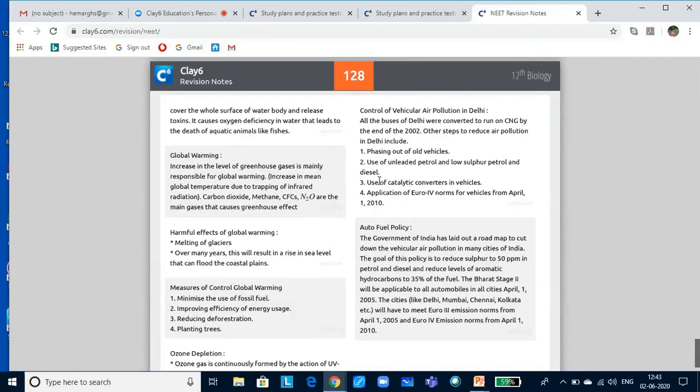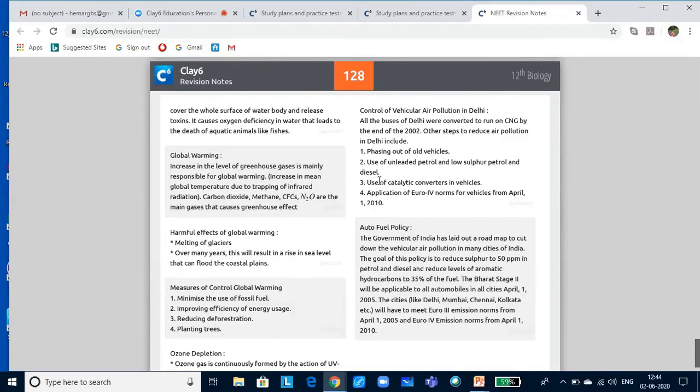Because of it radiating back to the Earth, the global temperature is increasing and Earth is becoming hotter and hotter. So, as a result, what is happening? The polar ice caps are melting, and recently I was also looking at algae being formed in the polar region. This is an indication that the permafrost has started melting, as a result of which the water levels in the sea will increase. That will result in flooding.